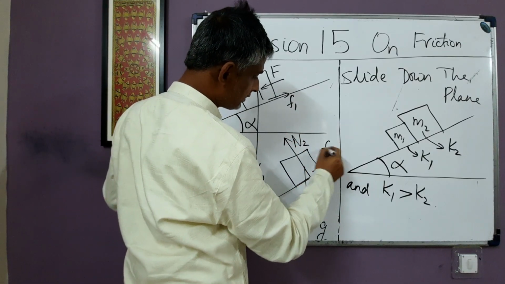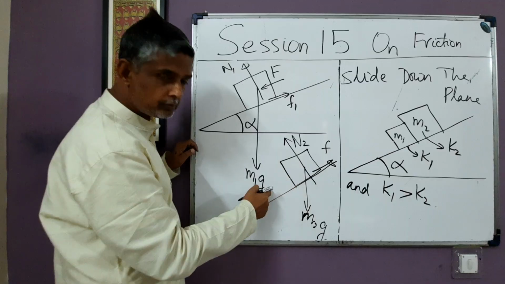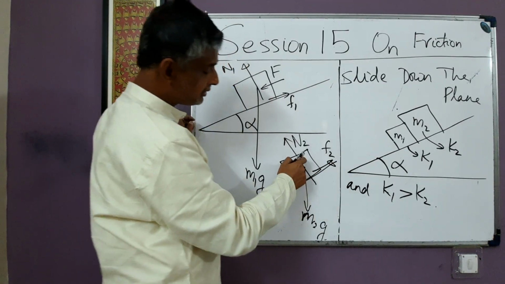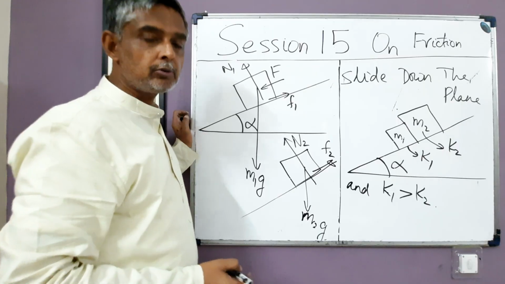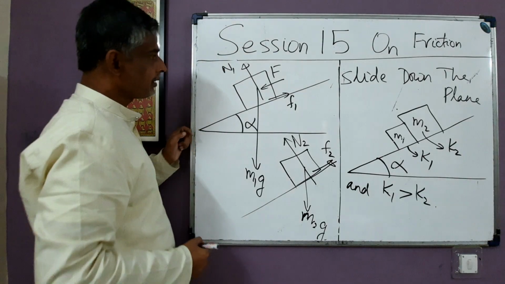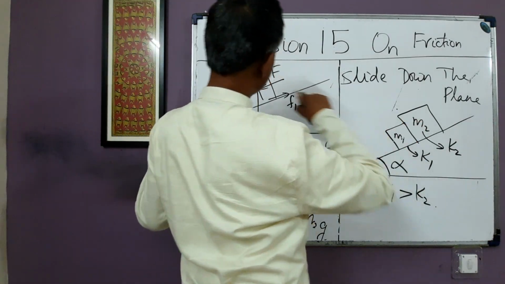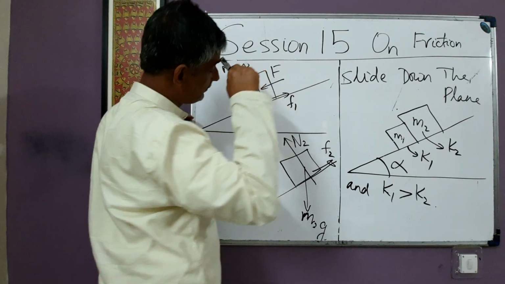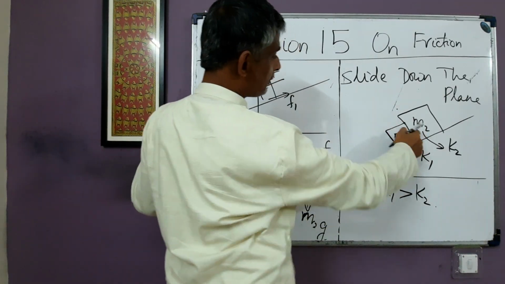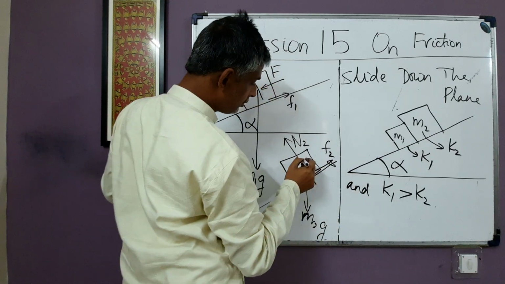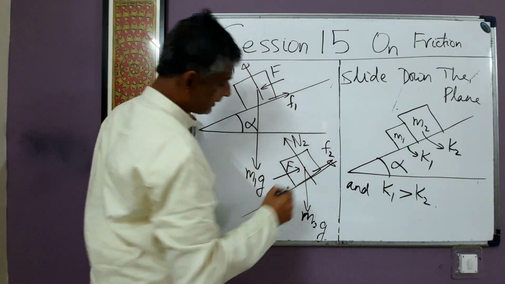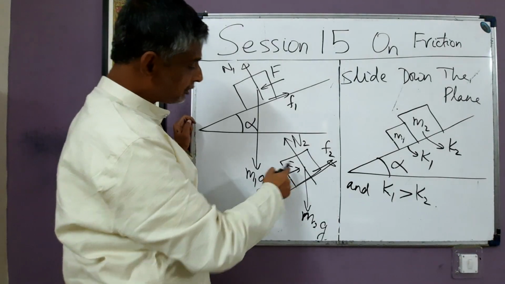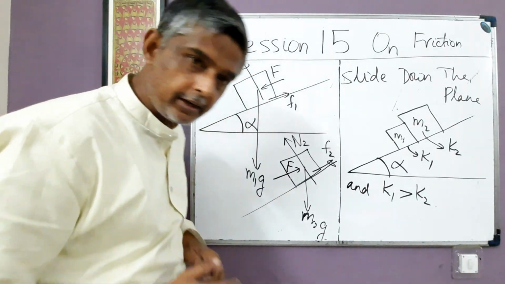This block slides down the inclined plane, so the inclined plane exerts a friction force F2 on this block up the inclined plane, opposite to the direction of relative slip. And block m1 exerts interaction force F on this block down the inclined plane. From Newton's third law, m1 exerts equal and opposite interaction force F on m2. So this F also acts on m2 due to m1. In part 1 of the question, we have to determine this F.